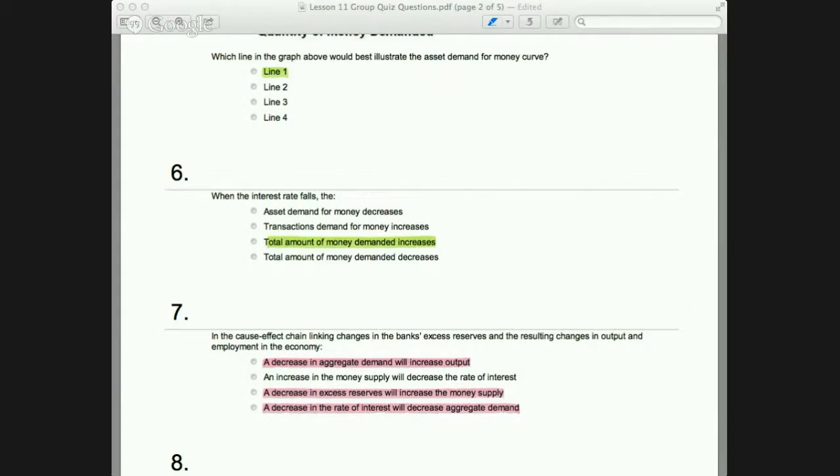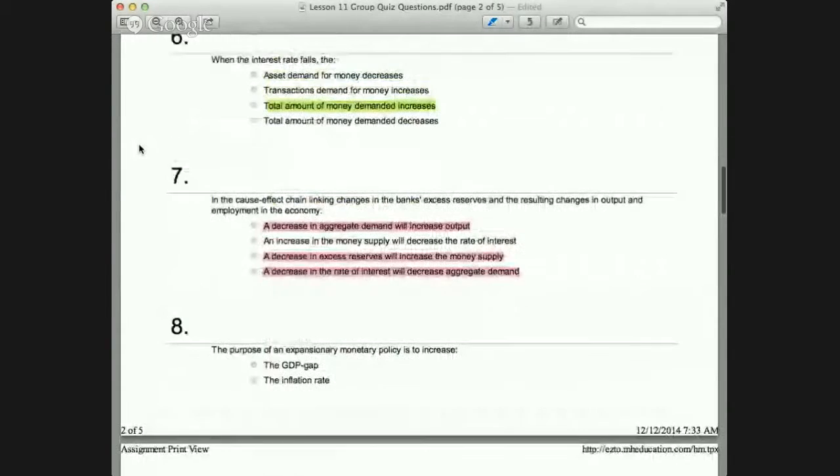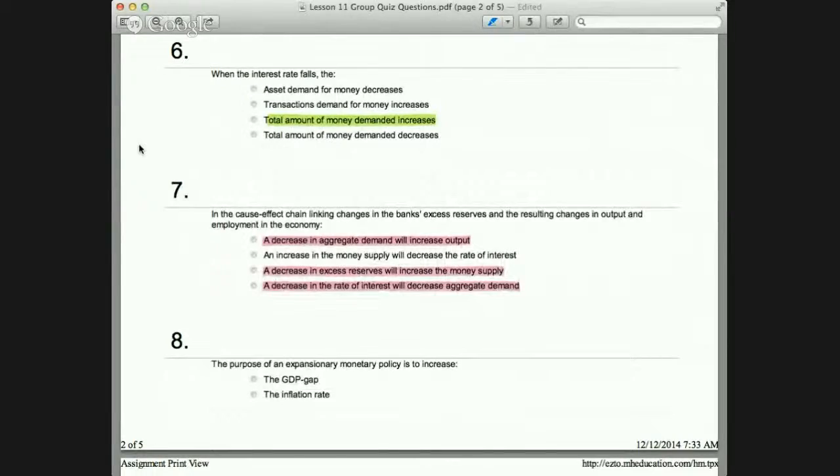So I think it's the third one, unless you're going to shift the graph when the interest falls. I think you're right. I'm looking at the graph right now, and as the rate of interest decreases, you're seeing an increase in the amount of money demand, so I think it's the third option as well.